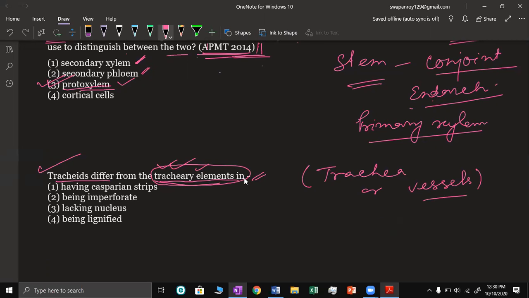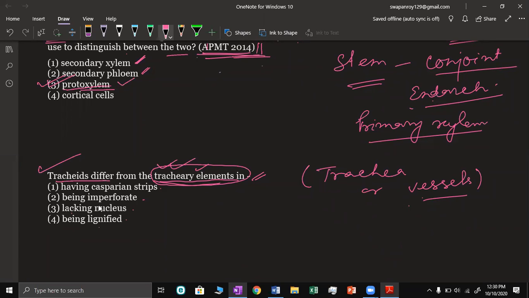Say tracheids and vessels differ in which way? Having Casparian strips, being imperforate, lacking nucleus, being lignified. Tracheids and vessels both are lignified. They don't have a nucleus because when mature, both are dead.